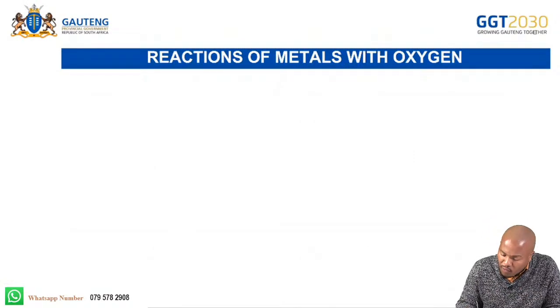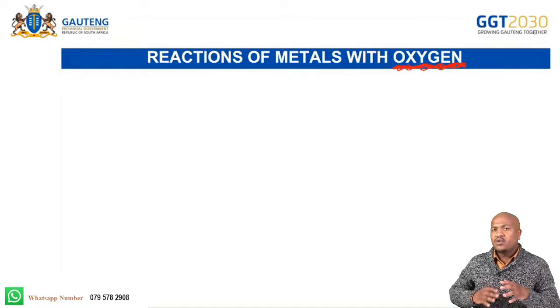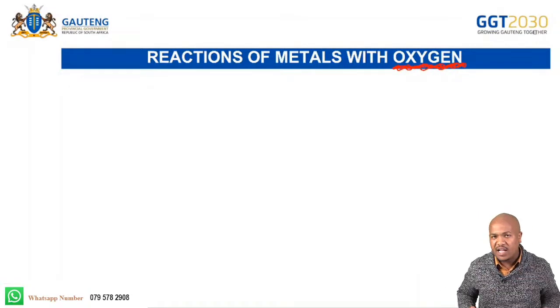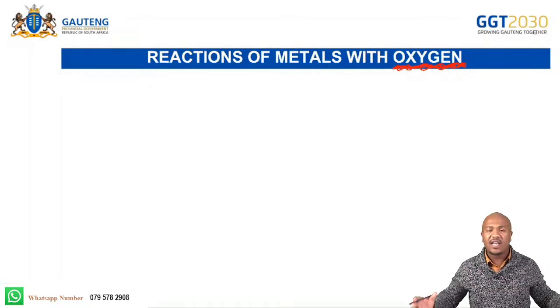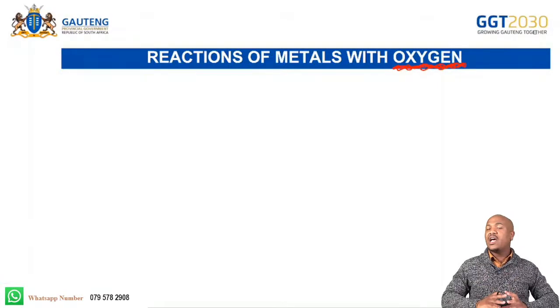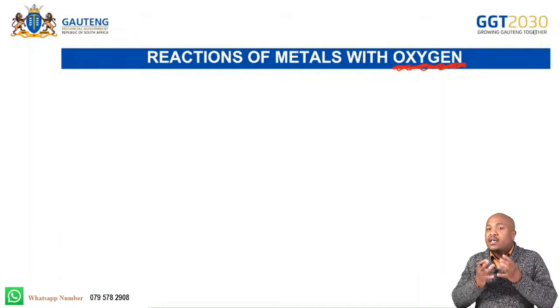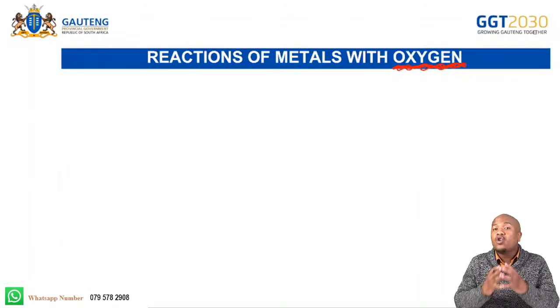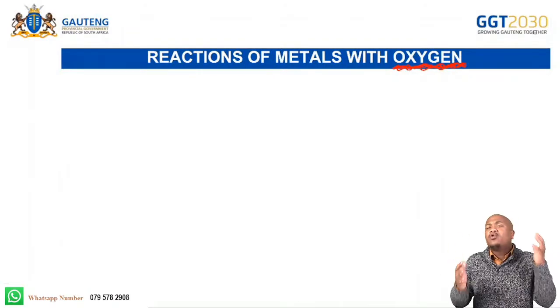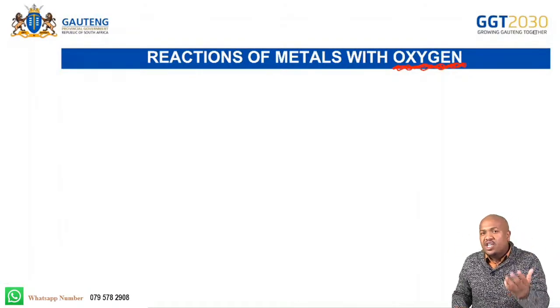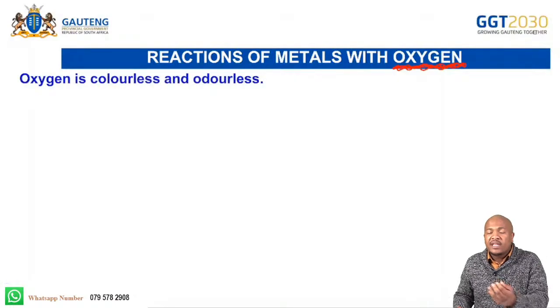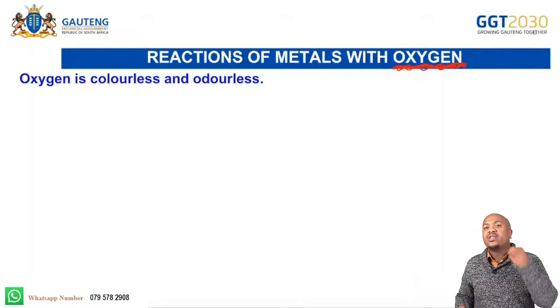Before we go further, let's start off by talking about this oxygen. If you think of your other subjects where you talk about the composition of the atmosphere, it tells you that the atmosphere is made up of various gases that include oxygen. So this oxygen is coming from the air around us, and it is the one that is reacting with these metals.